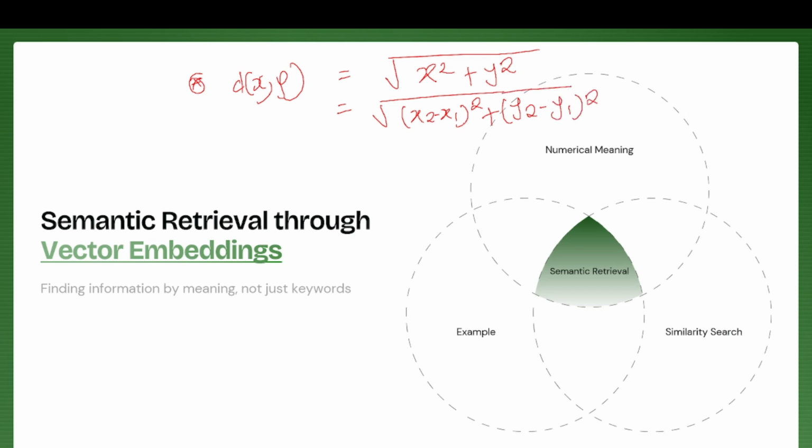So this is the mathematical meaning of that. When you get information from here and there and combine them together, you have what we call the distance between 2 points.